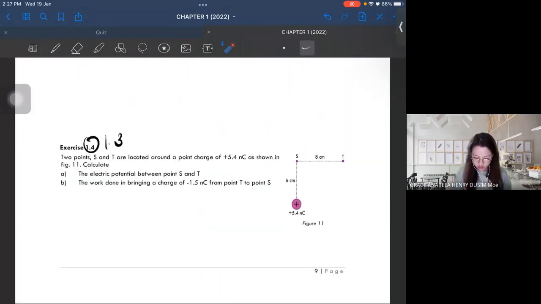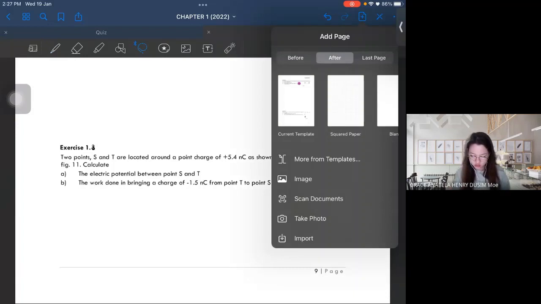So this one is actually exercise 1.3. Okay, so I'm going to do this.